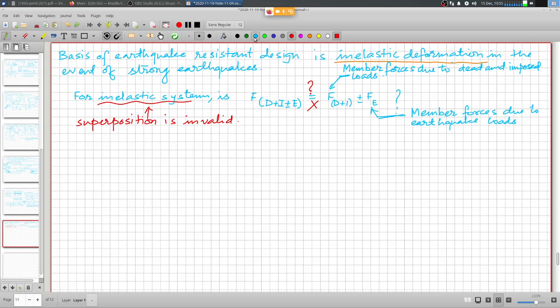So the first thing that you need to consider is seismic analysis should take cognizance of non-linearities.